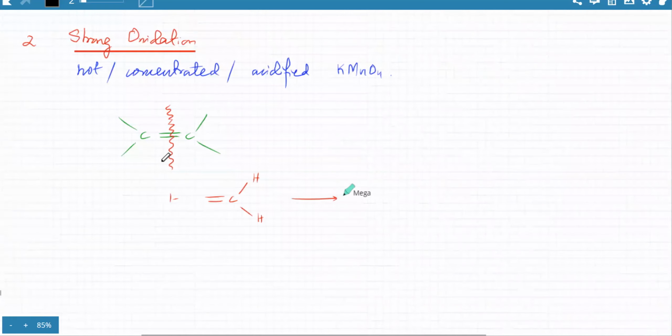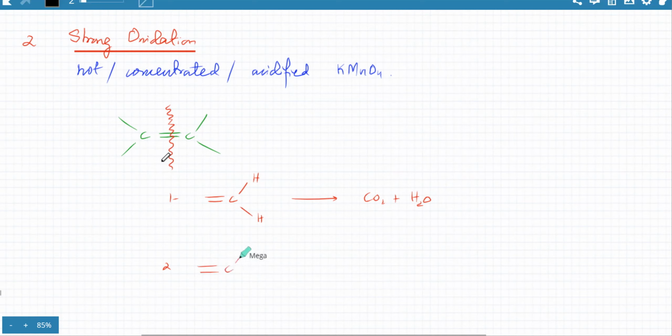Then you have scenario number two, which is that the double bonded carbon is on one side bonded to a carbon chain, and on the other side it's bonded to an H. In this case, it would first change into an aldehyde, so it would be R, C double bond O and H, and then it would further get oxidized to a carboxylic acid.